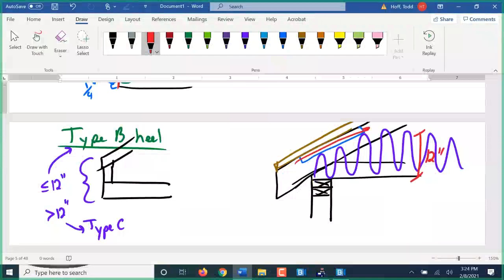If this heel height from here to here is only 4¼ inches or 4.5 inches, you're not getting 12 inches. Even if you go to a type A heel where it's 2x6, and type A is what's most commonly used around here to get that little extra height, you're still only getting 6 inches of insulation out there instead of your 12.